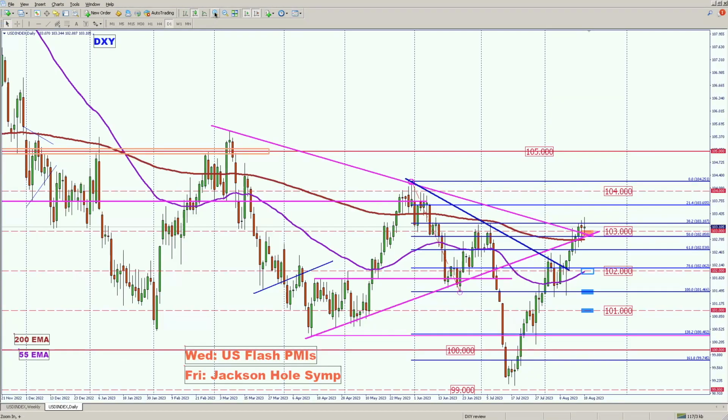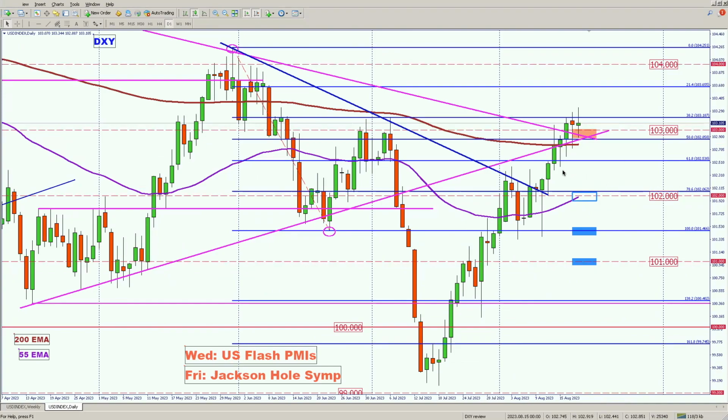Here's the US dollar index, where right from the start of the week, it already attempted to test the 103, pushed up in the follow through from the previous week, tested 103, pulled back to find support at the 62 fib, and then did manage to break through the daily 200 EMA and this apex of this triangle, where it managed to close above the 103, finding support at this downtrend line and holding above the 50 fib retracement.